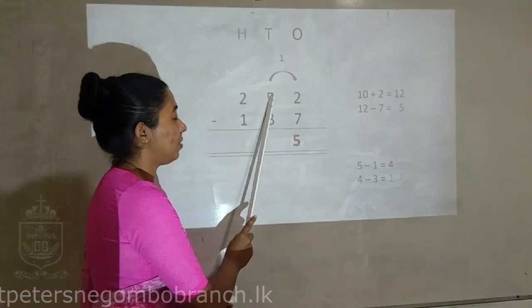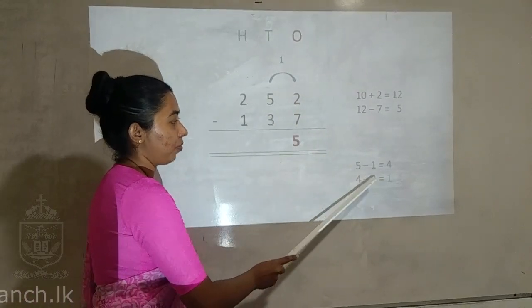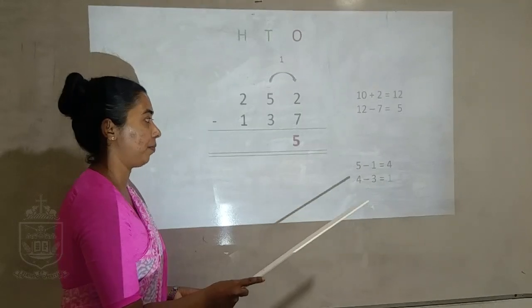Now only 4 is here. Now we have to subtract 3 from 4. The answer is 1.